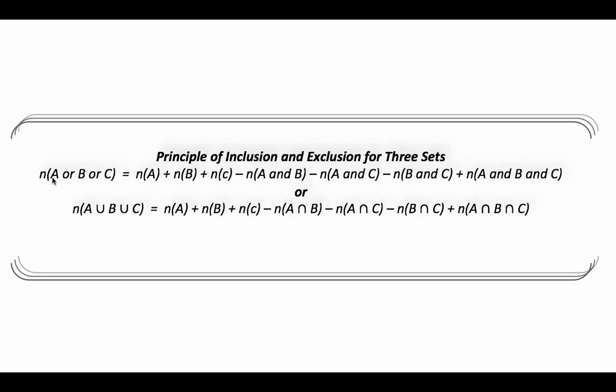So the number of elements in A or B or C, without double counting, without omitting anybody, is equal to the number that are in A plus the number that are in B plus the number that are in C. Now we need to subtract off the number that are in A and B, the number that are in A and C, and the number that are in B and C. And the reason that we do this is because we want to avoid double counting. But when we subtract off these things, we actually subtract off a little bit too much. So those 3 people that are right in the middle, we add them back on. And that's the way the formula works.